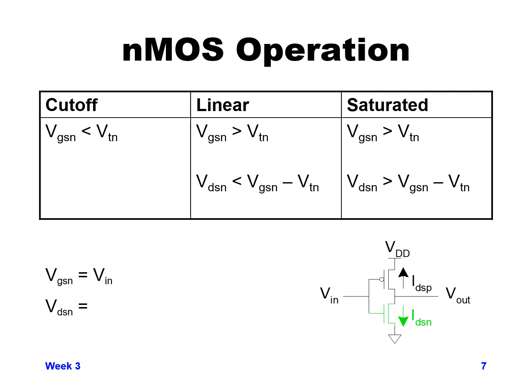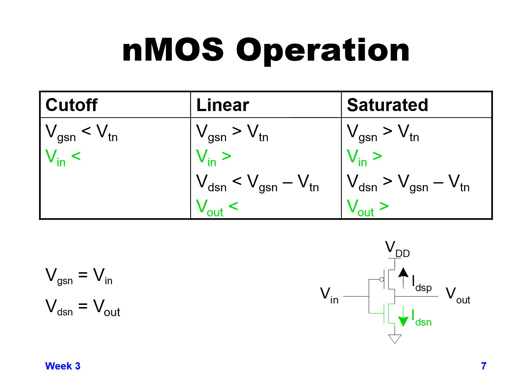VGS is equal to Vin because Vin is relative to ground, so it's the same as Vg. And VDS is equal to Vout because again the source is connected to ground.